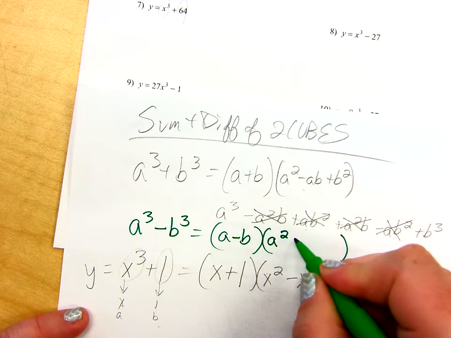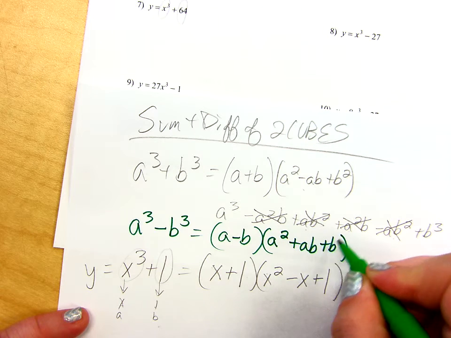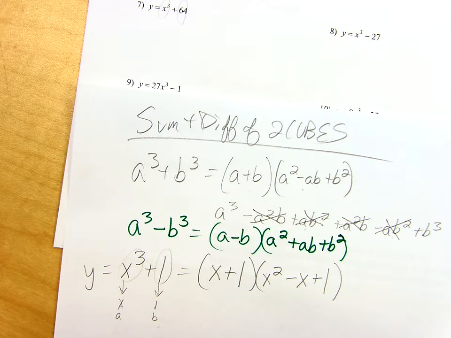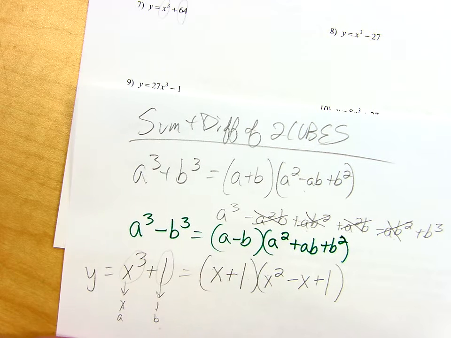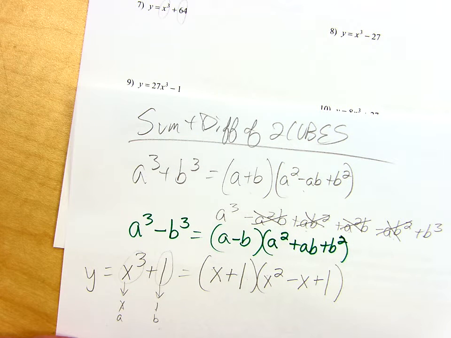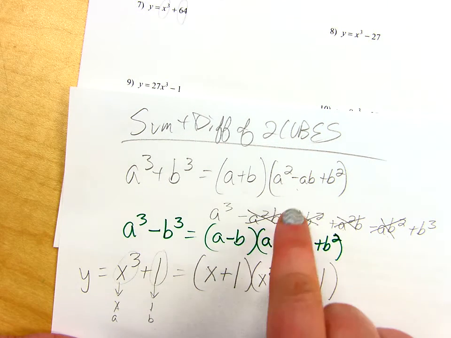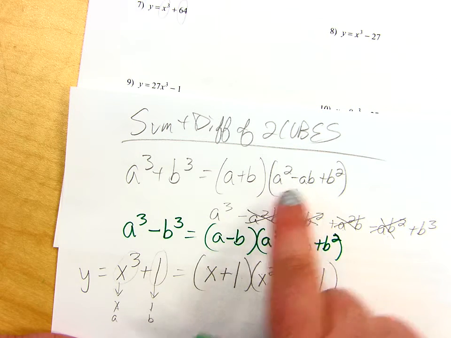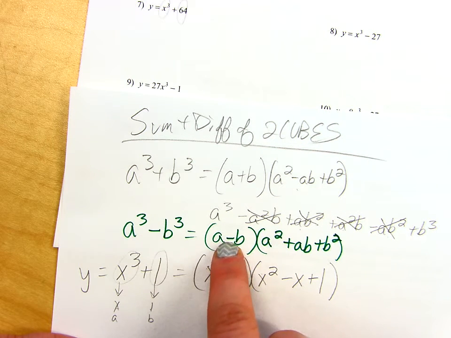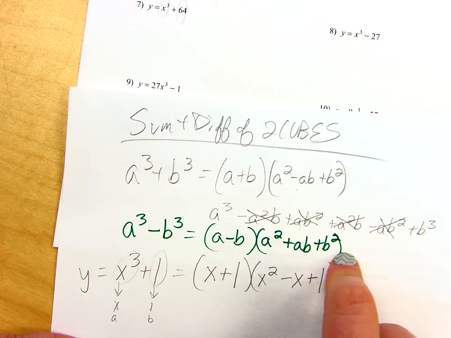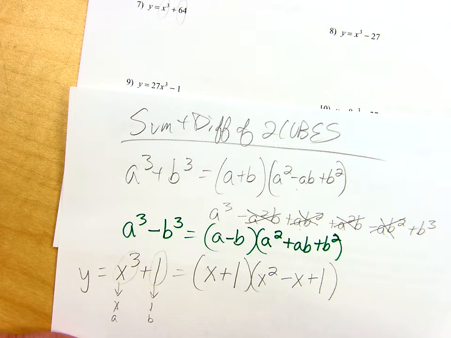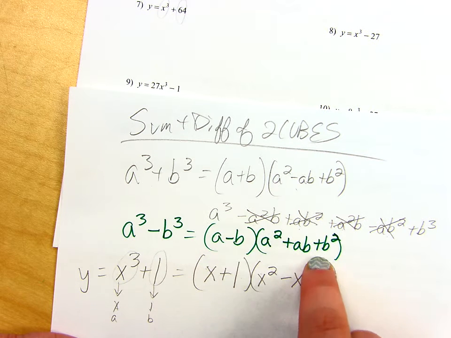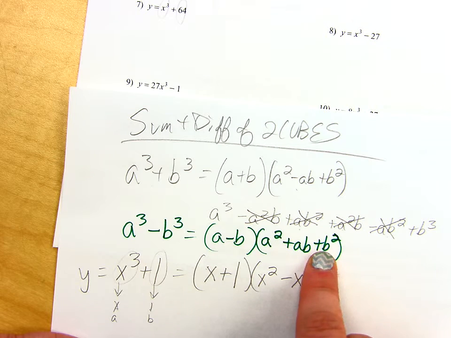It's the same ones: a squared plus ab plus b squared. So it's all the same pieces. It's just one tiny movement of the negative. That one starts a plus b and has the negative in the middle. This one has the negative in its binomial, and its trinomial are all pluses. So if you have the difference of two cubes, you just follow this pattern instead.